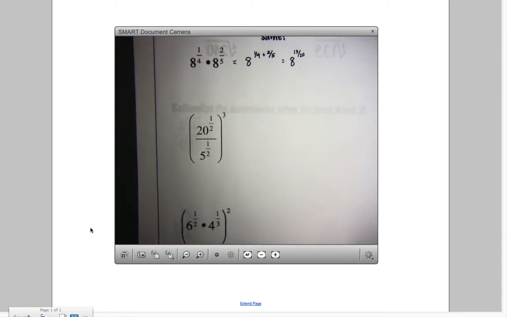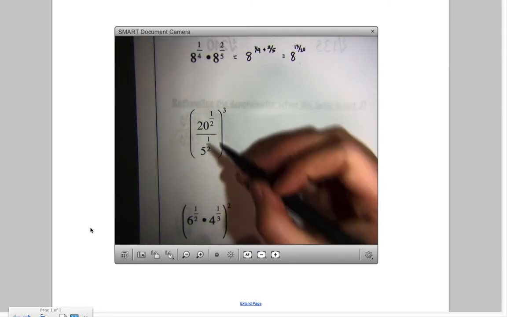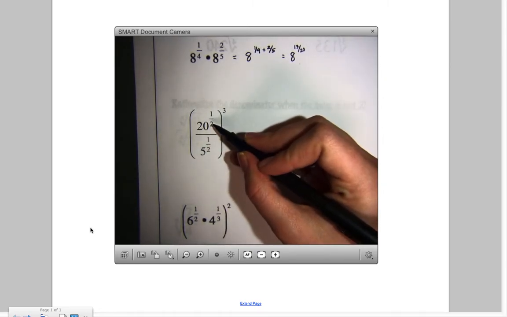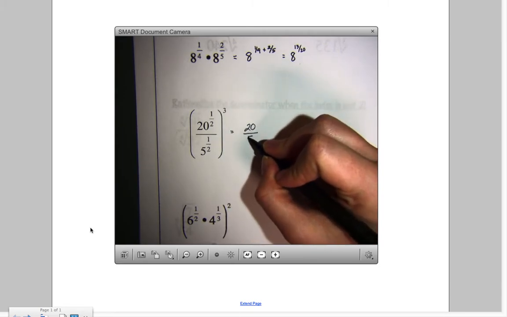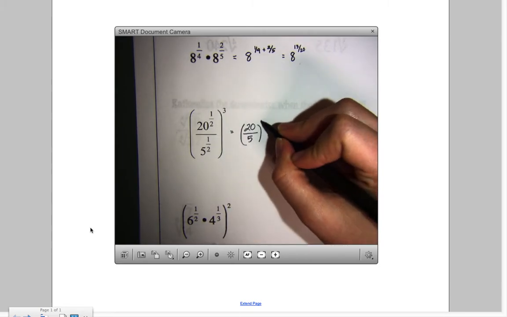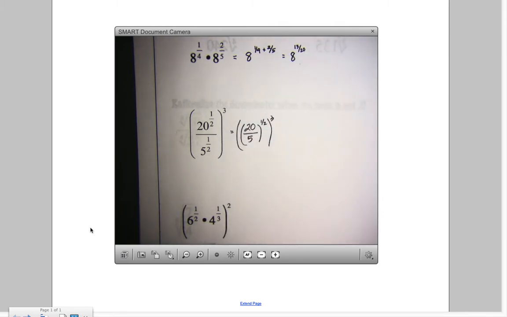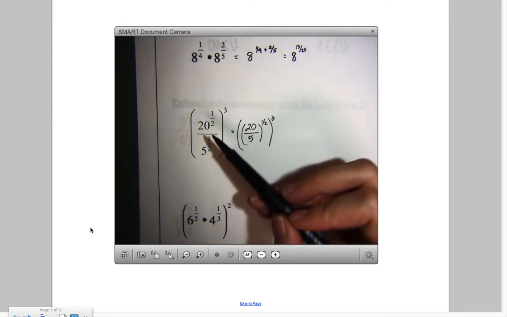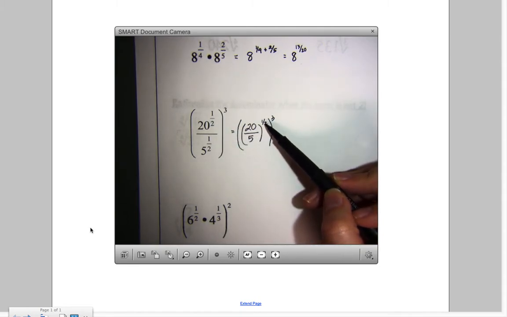All right, in example 2, notice that the exponents are the same. So we can actually take these out of the exponent spot and rewrite it as 20/5 to the 1/2 power, which is all to the 3rd power. We're kind of doing the power of a quotient rule, but we're doing it backwards, where we're taking this exponent outside of the parentheses.